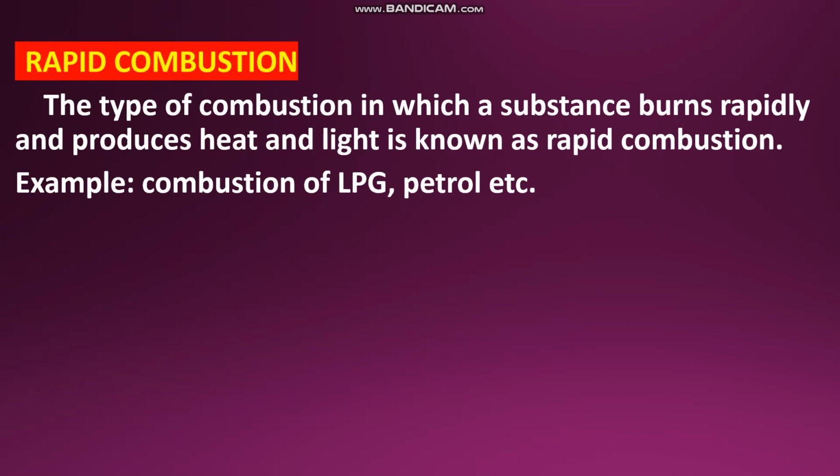Fast, quick. So for example, if you bring a burning matchstick or a lighter near a burner and open the knob, what will happen? Suddenly the gas burns, and it also produces heat and light. This type of combustion is called rapid combustion.